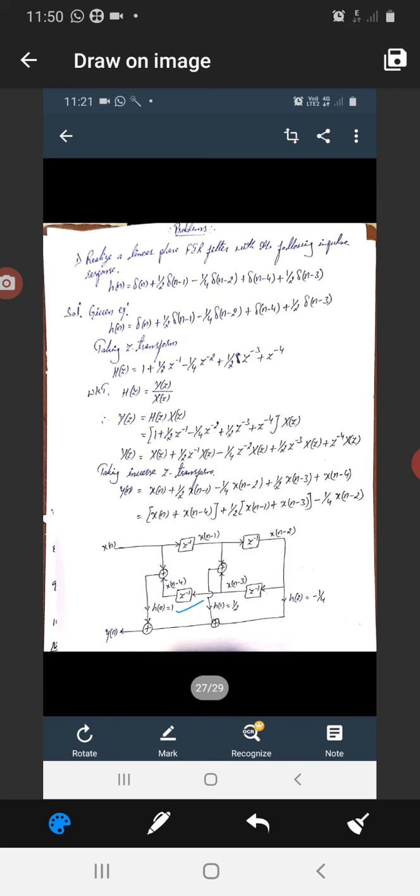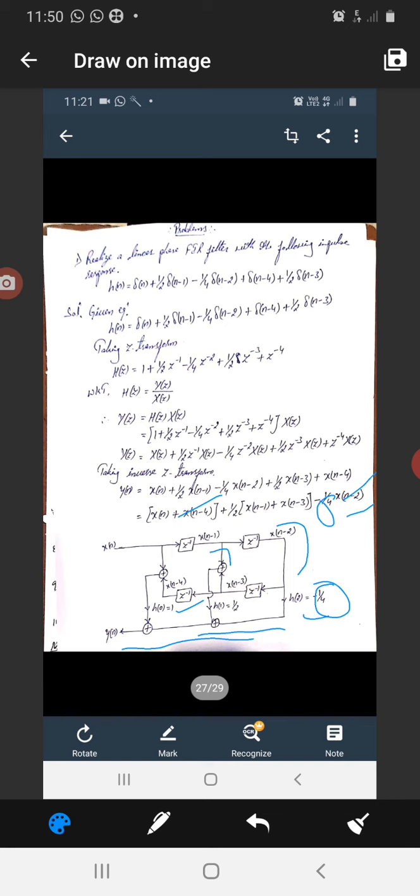Then x of n minus 4, and n minus 2 is there, so take it here, then multiply with the coefficient minus 1 by 4. Take this minus 1 by 4 and represent it here. It is going to be taken and directly added. Okay, this first term is finished. Next is n minus 1 and n minus 3.